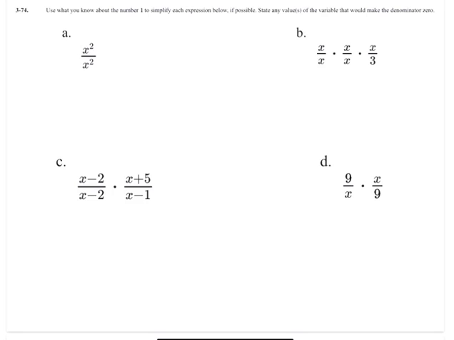So if we look at A, you get 2 options. You can leave it as x squared over x squared, and we know that those 2 babies are going to cancel out, and then that's going to equal 1, right? Or if you need to, you can separate that, right? This is the same thing as x times x over x times x. Because they're being multiplied, I can cancel this guy out as 1, and I can cancel this guy out as being 1, right?